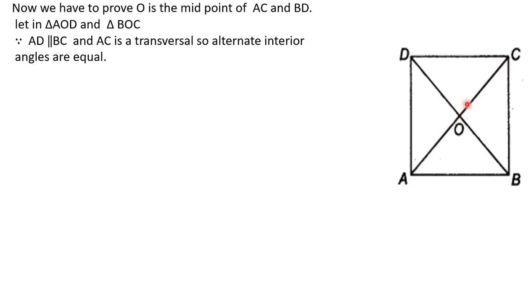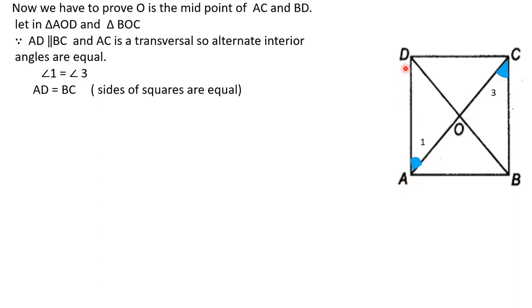So we can say alternate interior angles are equal. That is, this is the angle 1 and this is the angle number 3. So angle 1 and angle 3, these two angles are equal as they are the alternate interior angles when AD and BC are the two parallel lines and AC is the transversal.